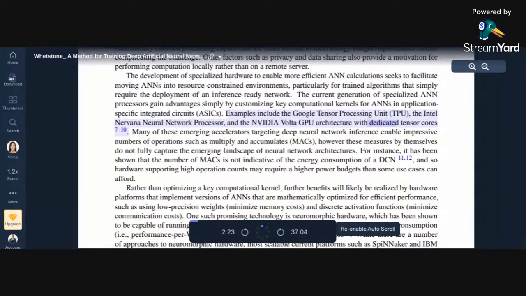These chips, targeting deep neural network inference, enable impressive numbers of operations, but do not fully capture the emerging landscape of neural network architectures.